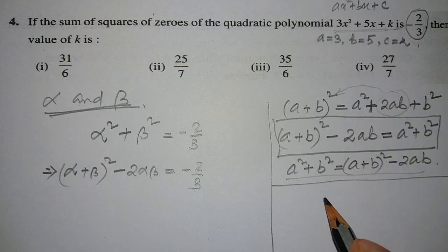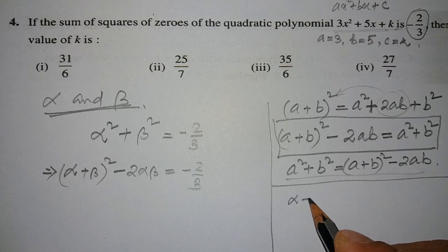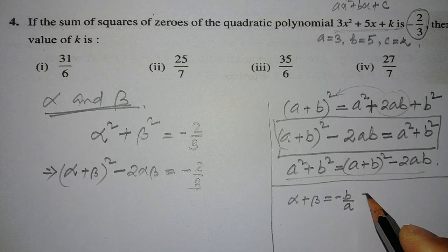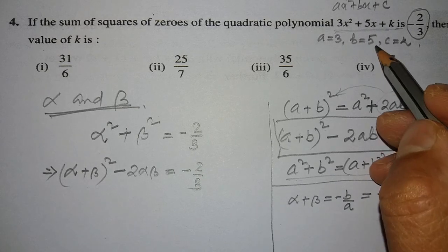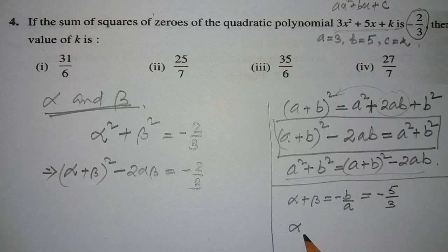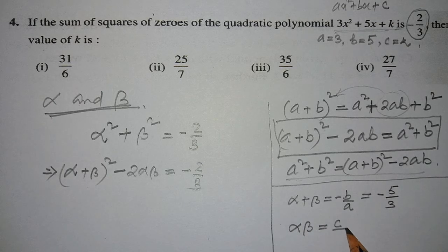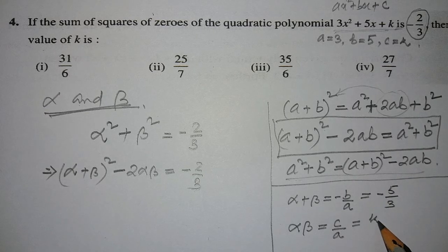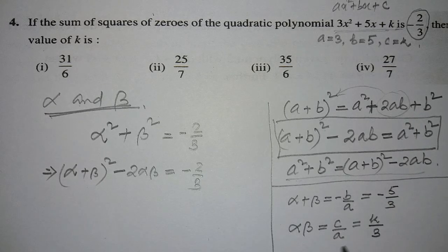Also we know that the sum of the zeros, that means alpha plus beta, is equal to minus b by a, so minus b is minus 5, a is 3. And the product of the zeros, that means alpha into beta, is c by a, so c is k, a is again 3.